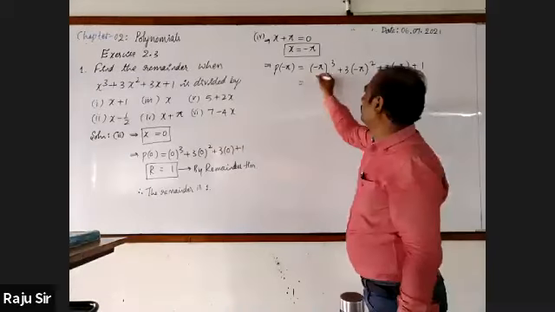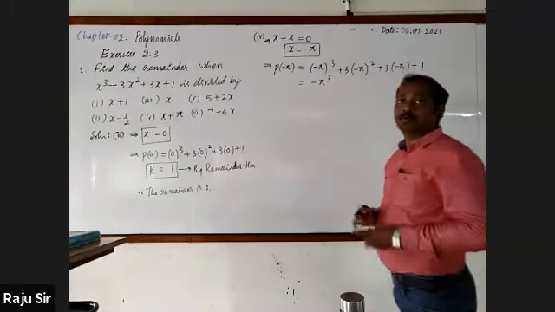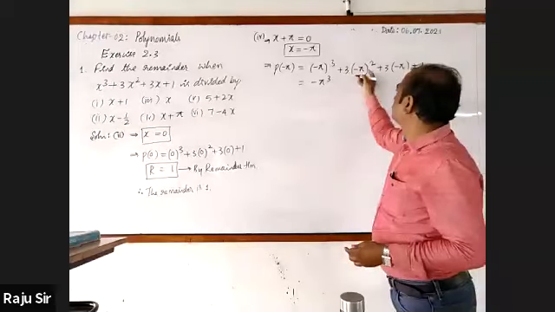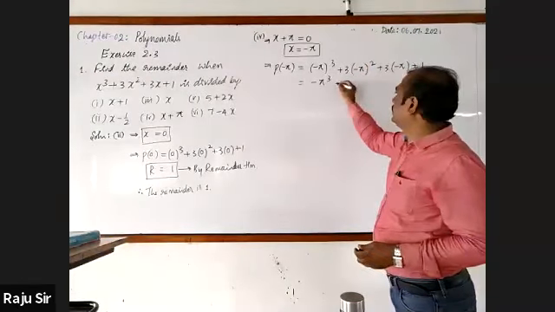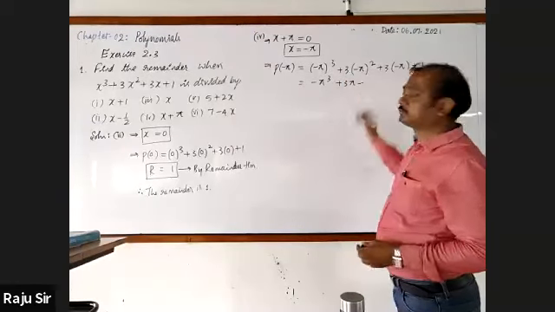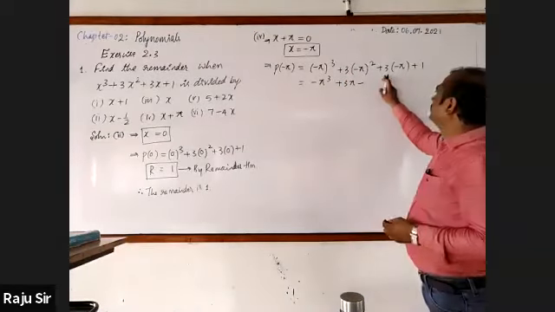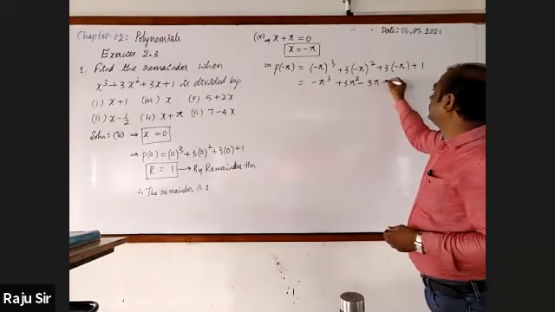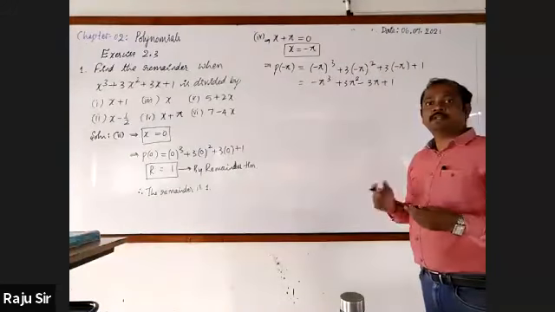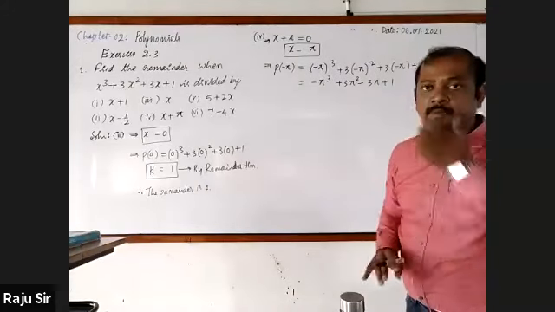It is equal to minus pi cube. Next, here minus pi whole square is plus pi square. Pi square into 3 is 3 pi square. Then this is minus 3 pi plus 1. Further simplification is not possible.